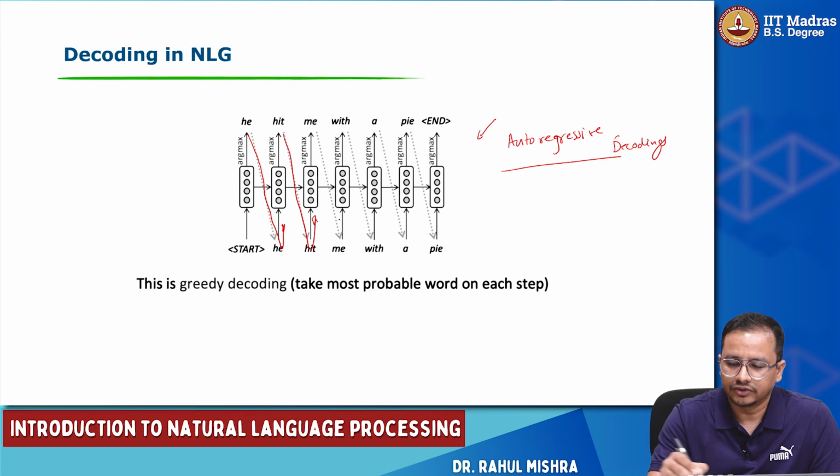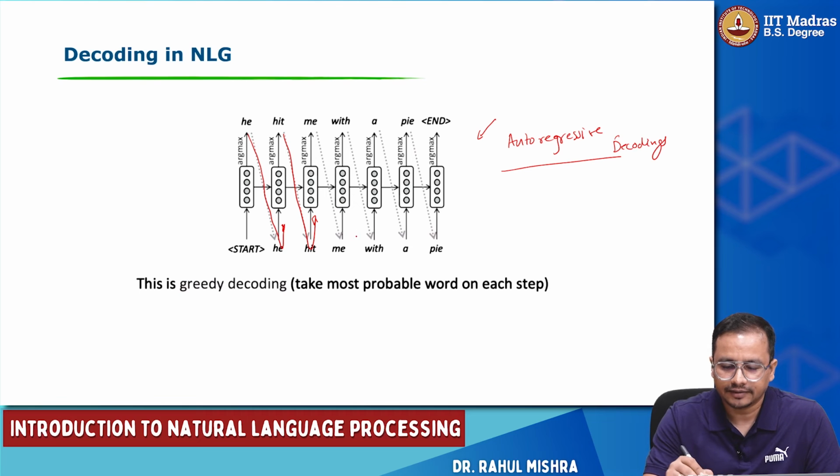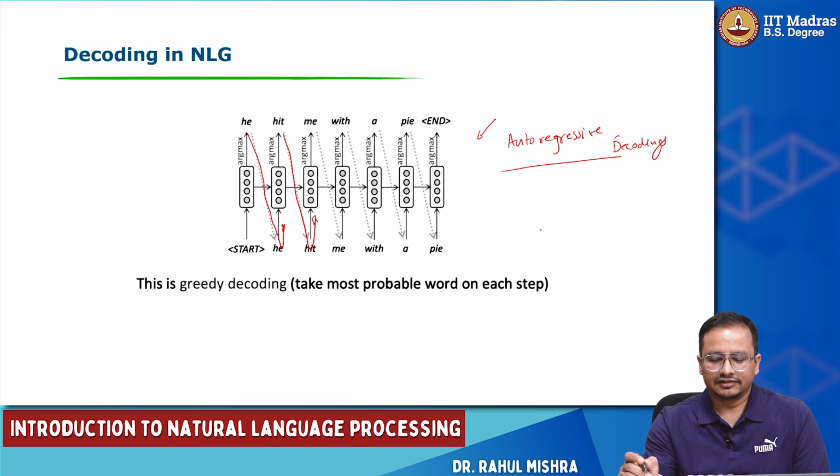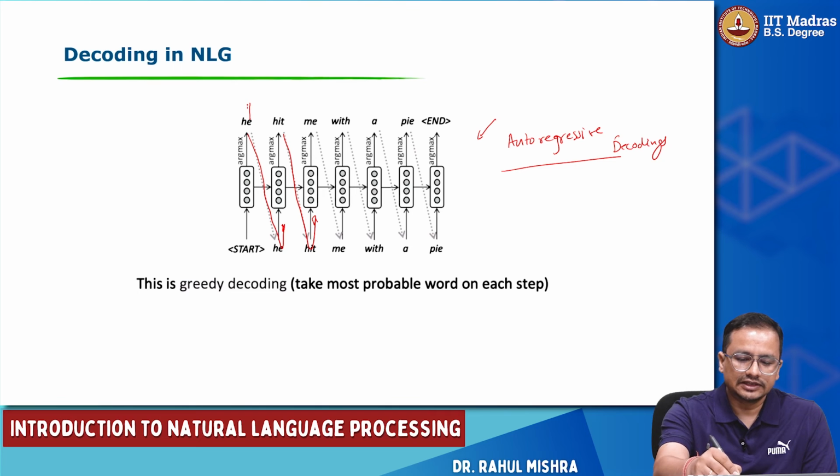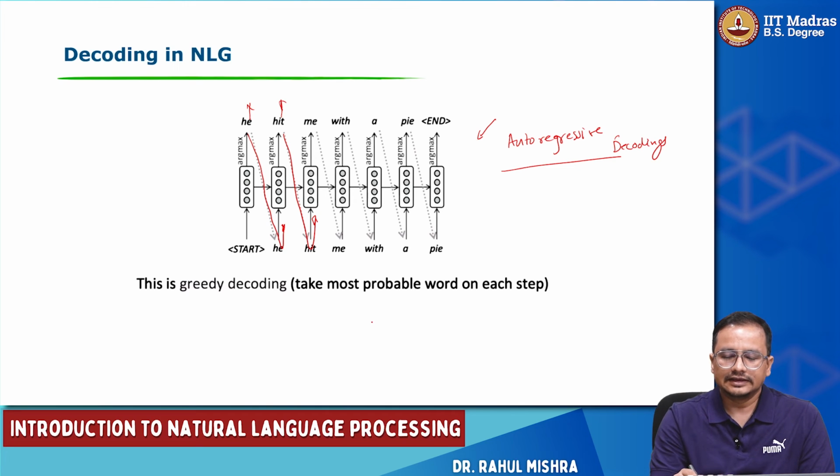So this is called auto regressive feedback. At each time step when we are generating these words, we are taking the most probable word as the output.